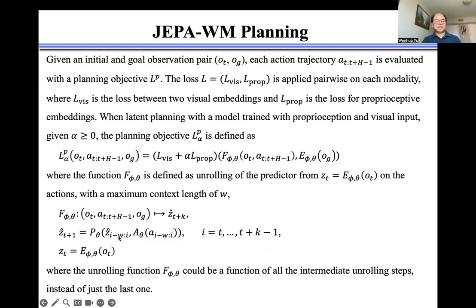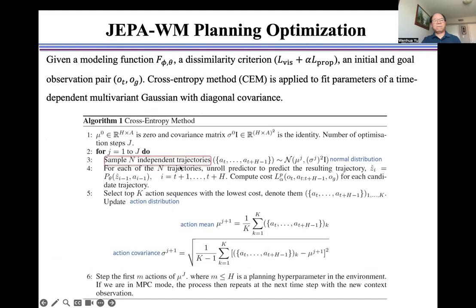We have this unrolling process. Where the unrolling function f could be a function of all intermediate unrolling steps instead of just the last one. Given a modeling function f, this similarity criterion, initial and goal observation pair O T and O G, a cross-entropy method is applied to fit parameters of a time-dependent multivariate Gaussian with diagonal covariance.